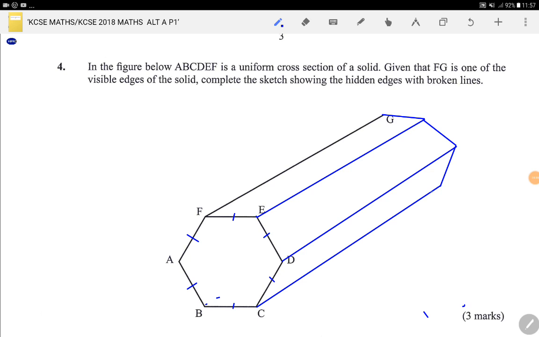We shall start by drawing a line parallel to BC on the other side, for which we'll use a dotted line like this. We've drawn the line parallel to BC. Then we connect B to the line parallel to it. Then we draw a line parallel to AB.